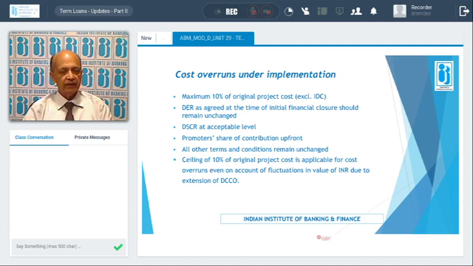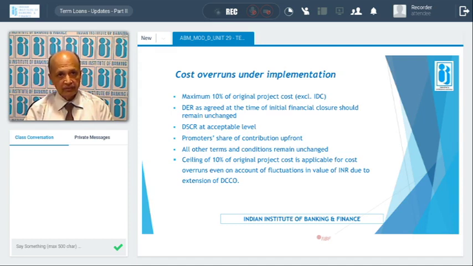Now, the second condition is that the cost overrun should not exceed 10% of the original cost of the project, excluding IDC.